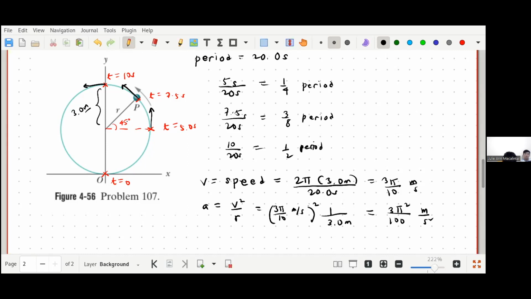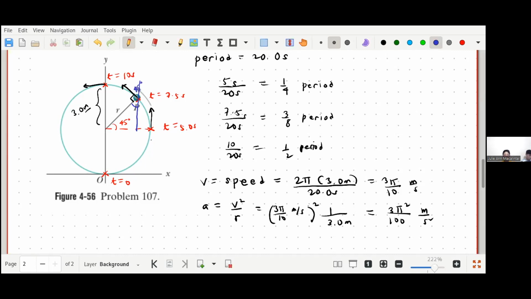Ang kailangan lang natin dito ay, if this is 45, this is tangent. So, we should be able to compute. So, this angle and this angle should be 90. So, this should be 45 degrees din.